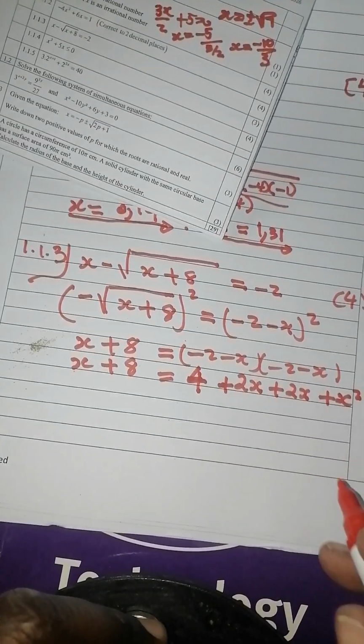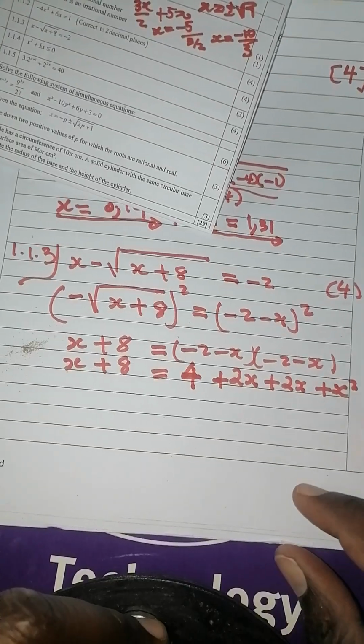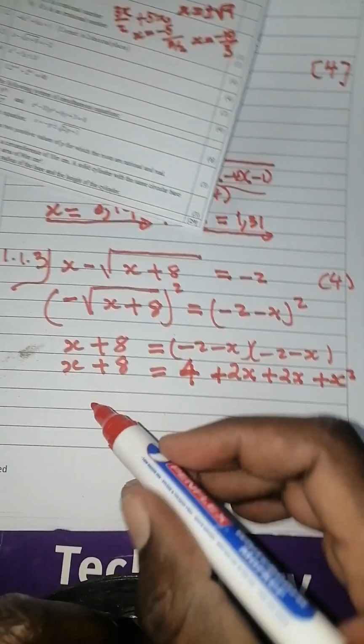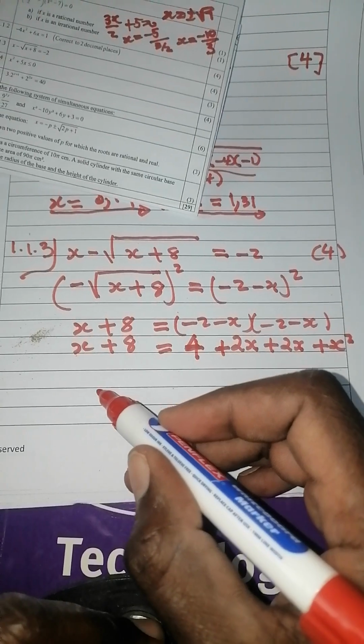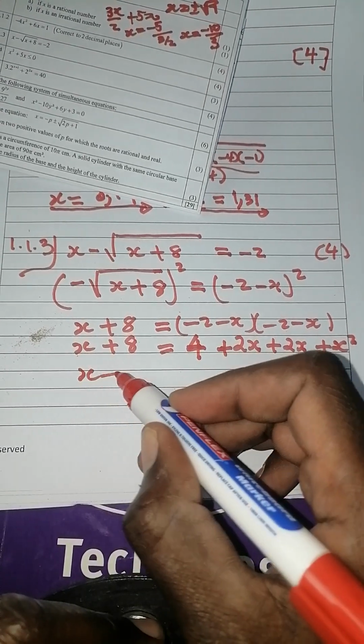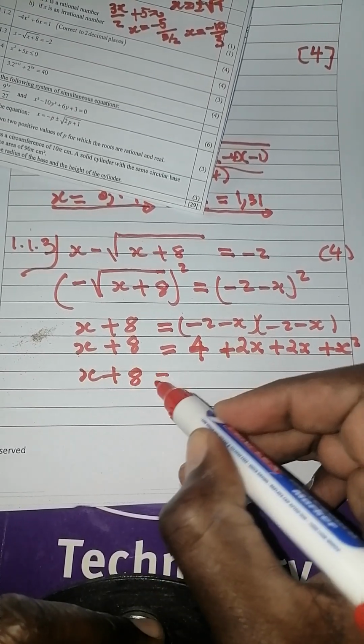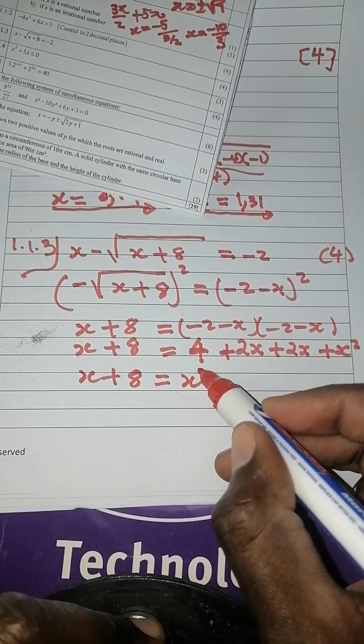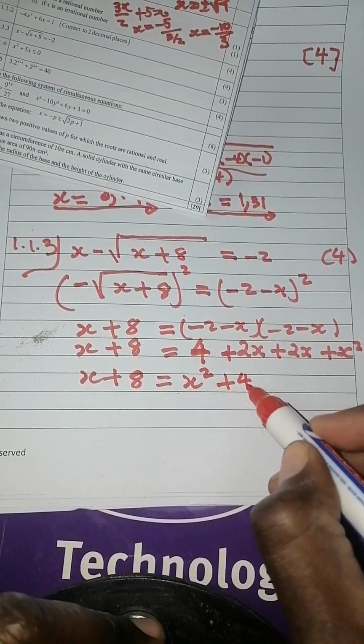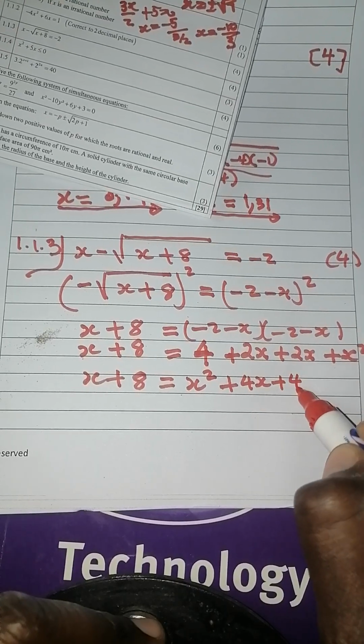It's all up to you whether you want to take everything to the right hand side or to the left hand side. It doesn't matter. You're going to have x plus 8 is equal to, grouping the like terms, x squared plus 4x plus 4.